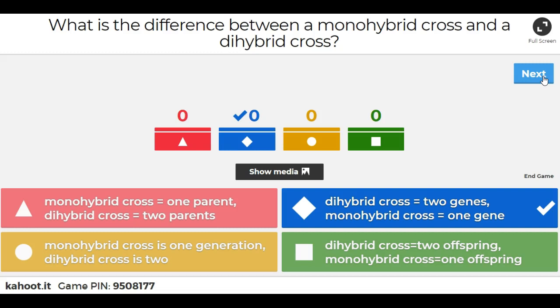Dihybrid crosses are crosses between two heterozygote genes, while monohybrid crosses are between one heterozygote gene. So we're looking at one gene where both of the individuals are heterozygotes with a monohybrid.